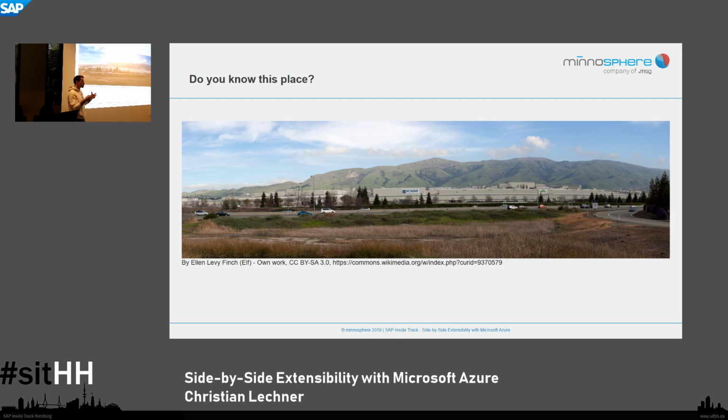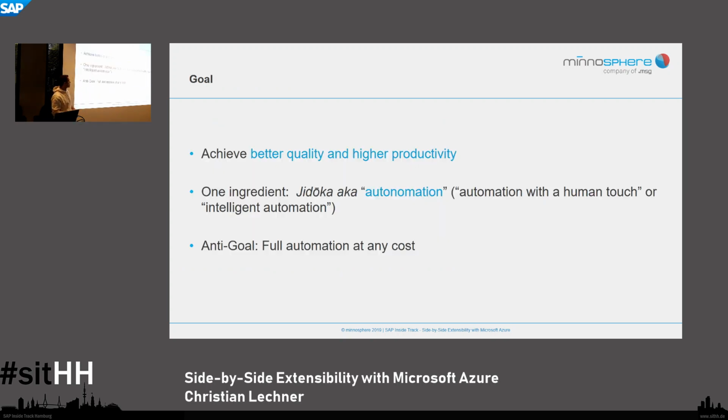This Toyota production system has a few core statements, and from my perspective they are the foundation of all the stuff that we call now intelligent enterprise, lean startup, all these fancy things. What is the core of the Toyota production system? It's the goal to achieve a better quality and a higher productivity in your work. Here it was automotive manufacturing. It can be software, it can be anything.